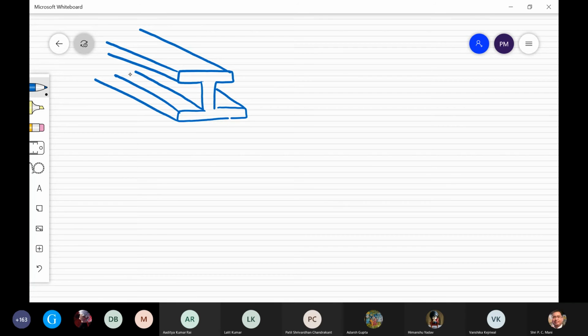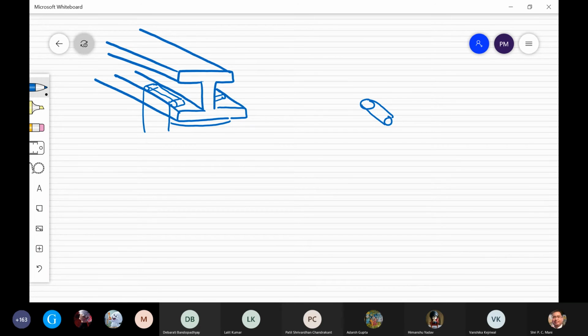This is the platform on which this system is there, and these rollers are on the system. Here the rollers are there. Similarly, this is like this here.